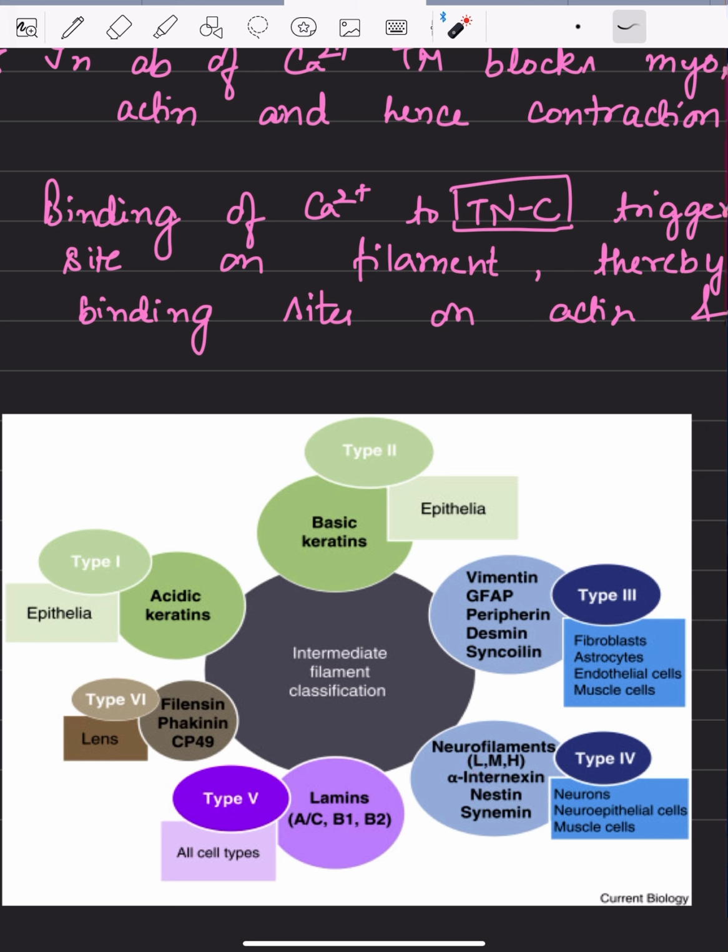Then the lamin type, in the nucleus, although they are present in all cell types. Then type 6 is in the lenses: filensin, phakinin, CP49. So these are the different types of intermediate filament, or I could say the different proteins involved in the formation of intermediate filament. They are categorized according to their position, where they are located.